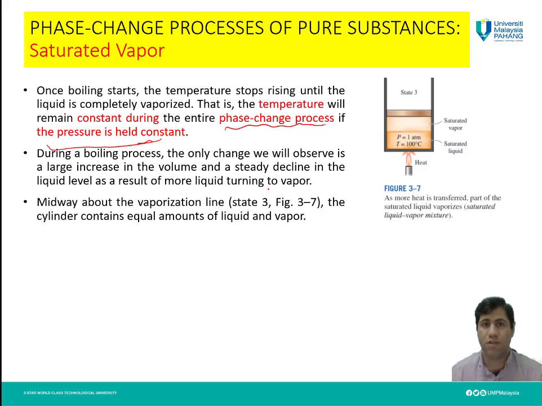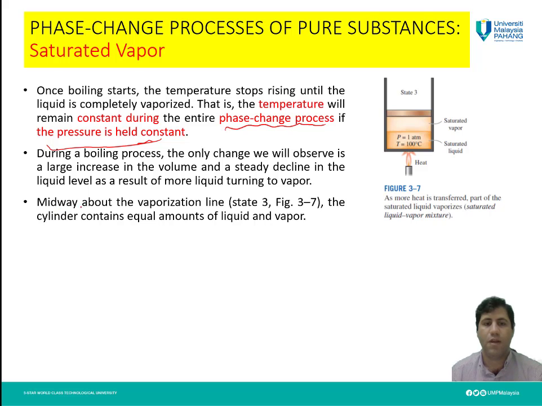I think which is clear. More liquid will convert to the vapor, so the phase of vapor will increase. Then the space between the molecules of the substance will increase. Then volume is increased, and also the amount of liquid will lower because more molecules are shifted from the liquid to the vapor.